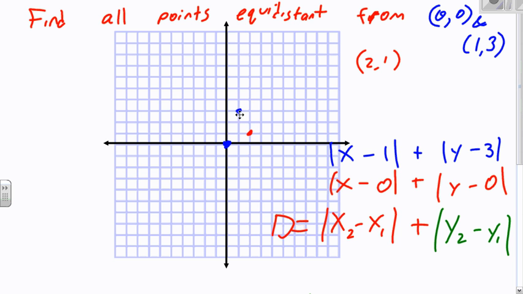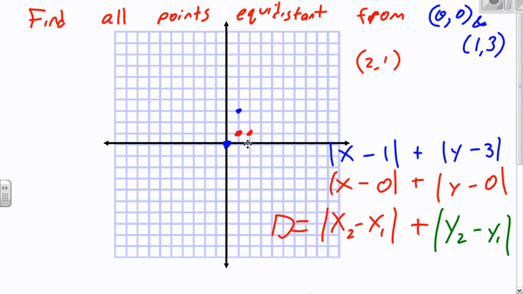we can also look adjacent to the point that we found right away. That's down 2 and right 1 up 1. So that point right there, 1, 1, is also equidistant. Check if we just go to the right.